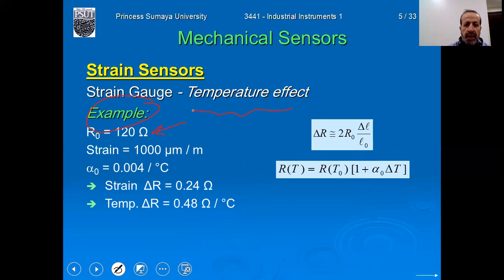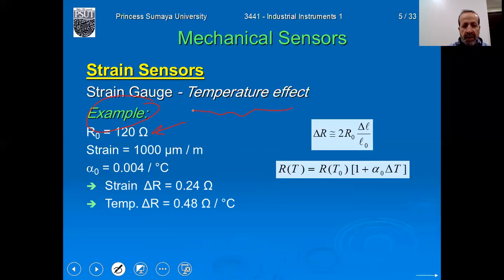Okay. Temperature effect here in this case is undesirable. We need to cancel the effect. We need to compensate for this effect. We need only to measure the strain. So we need only the effect of changing the resistance due to the strain only, not temperature. So we'll compare first both effects.